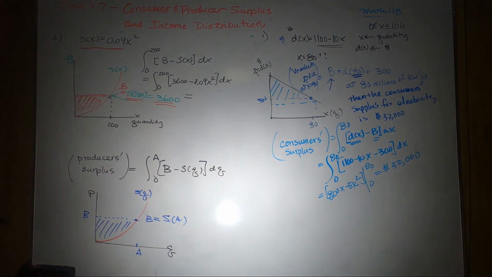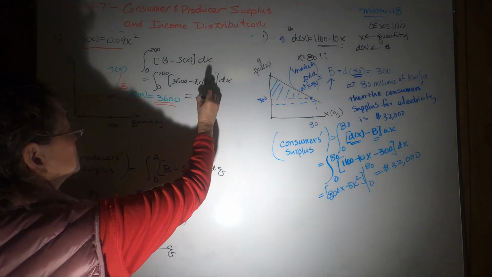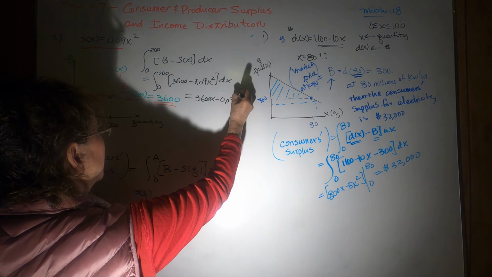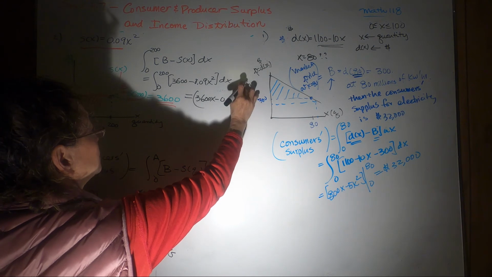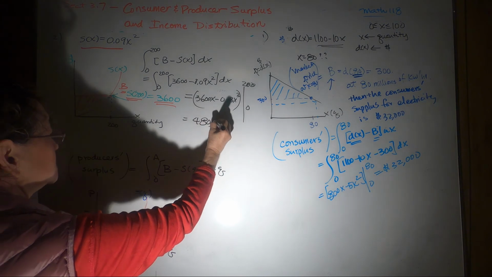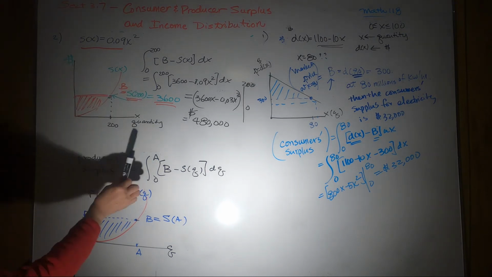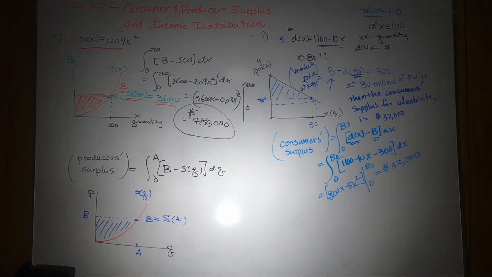Then we use our definite integral skills to calculate. You do the antiderivative, minus the antiderivative of that, one more level higher, from 0 to 200. So you do your math, you plug in, for 0 it's 0. That would be your producer's surplus for this. Got the idea?